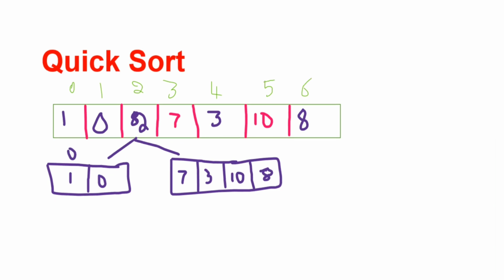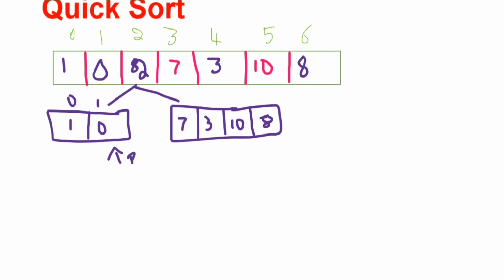So first we need to sort the left sublist. This 0 is the pivot element. Compare j with the pivot: 1 is less than 0?